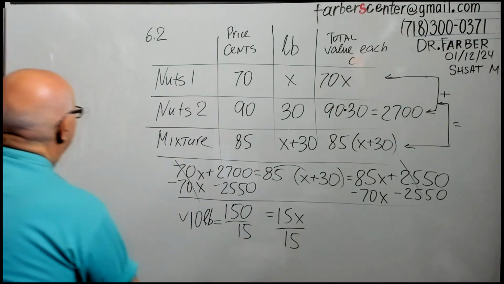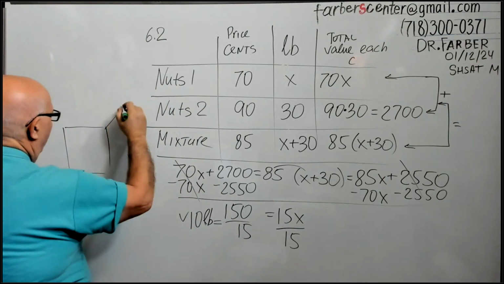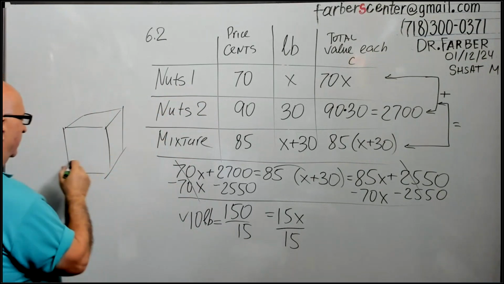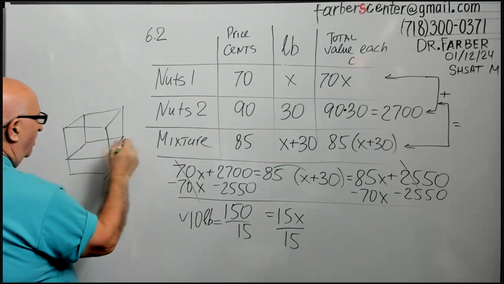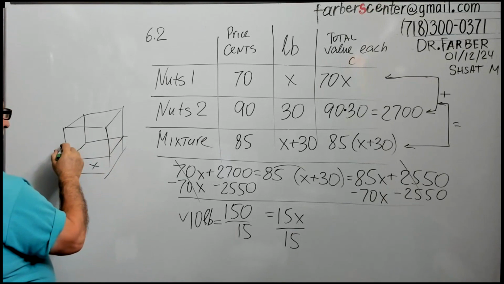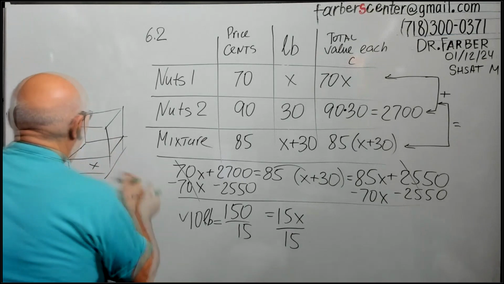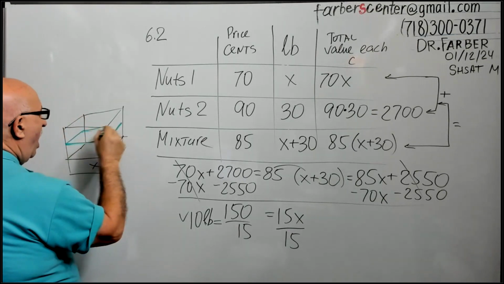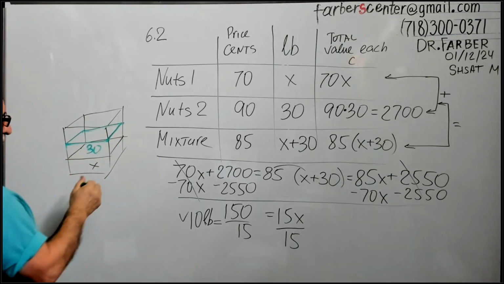Look at this. Pretend you have a box. This kind of box. And you have these nuts, x. After that, you added 30. I take the pink color. I added 30. This is 30. And I put it on the scale.